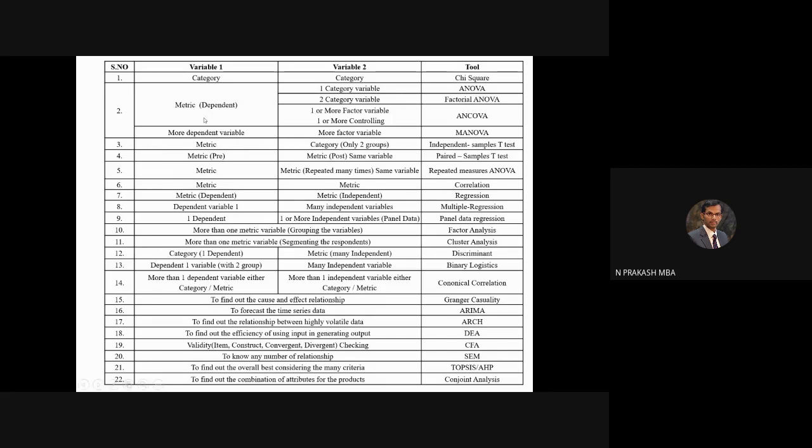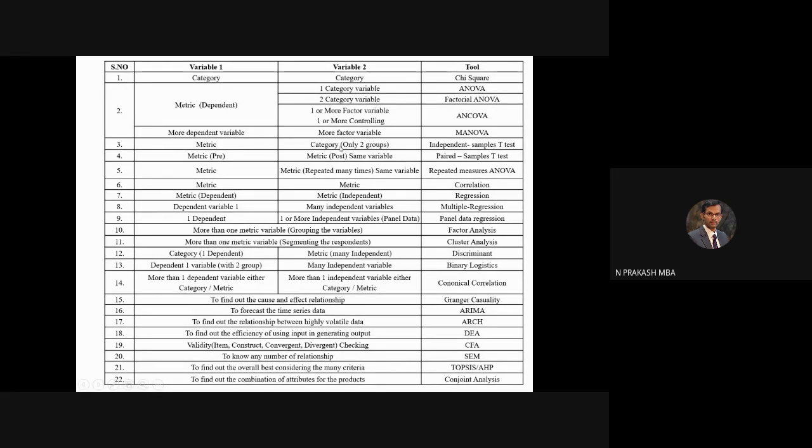On another side, we have a categorical variable like gender. Gender is one categorical variable with two groups. So variable 1 is a metric variable, and variable 2 is a categorical variable with only two groups.